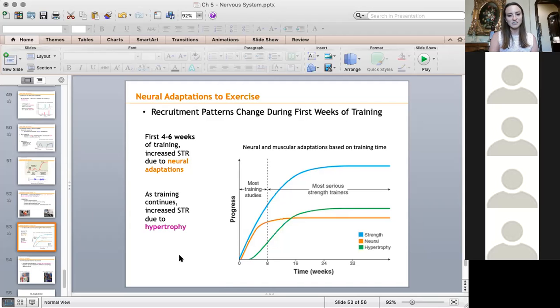At about week 16 or so, we have significant changes to the muscle that have started to plateau off, and now the size of the muscle is contributing to why we keep getting stronger. So pretty interesting. I probably went over it better in the actual lecture, but you do have to know this for the exam as well.